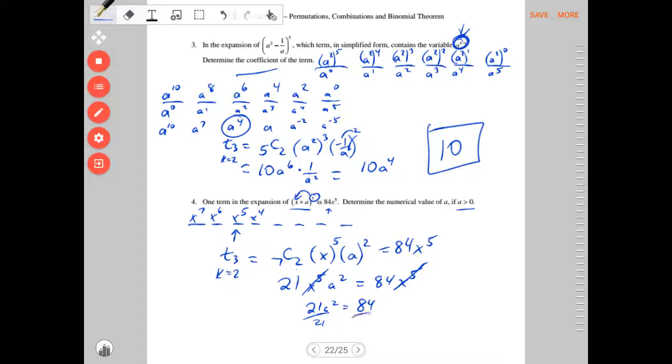Divided by 21, divided by 21, so a squared equals 4. So a is plus or minus 2, right? Square root, square root. But look up here. It said a is bigger than 0. So that means the negative 2 is extraneous. So then just a equals 2. Awesome. So that is how we do a question like that.